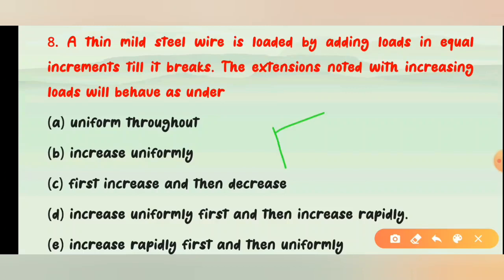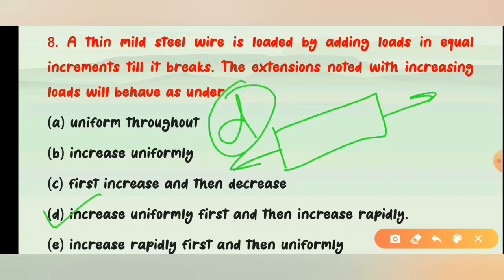Let us assume this is a body; when we go on increasing the load, initially the extension will increase uniformly and then it will increase rapidly. That means up to the elastic limit it will increase linearly or uniformly, then it will increase rapidly. So option D is the correct answer. It will be clearly shown by the stress strain curve.